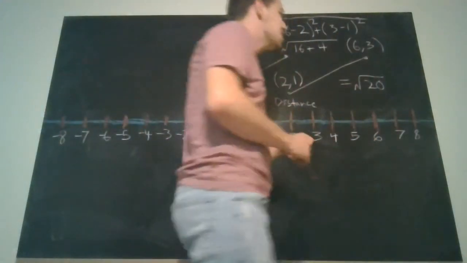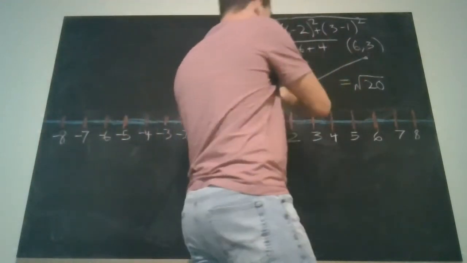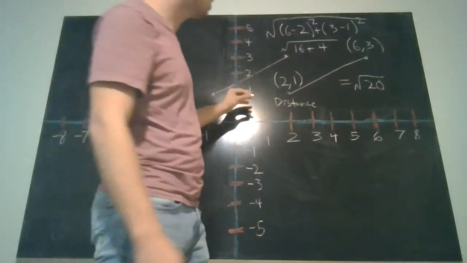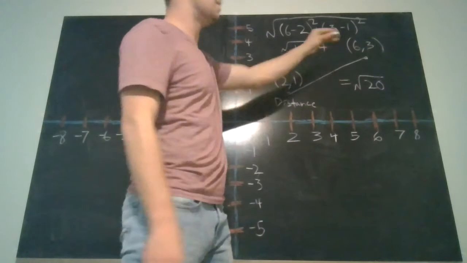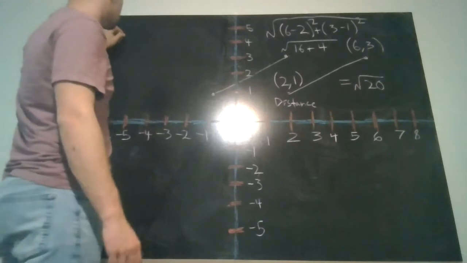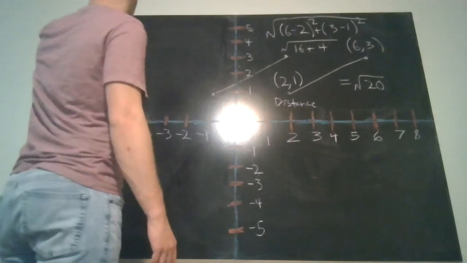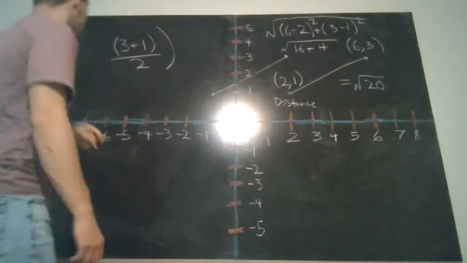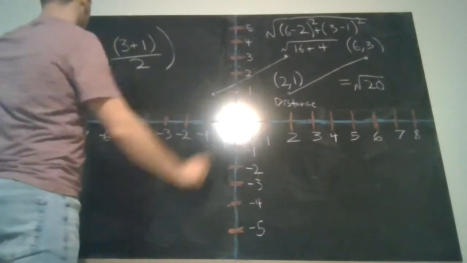Then if you want to find the midpoint of a line segment, you want to find that distance and only travel half that way. But it can be really difficult to travel half of square root of 20 somewhere up and to the right. So instead, to find a midpoint, you can take y2 plus y1, so 3 plus 1 over 2, and that's your new y-coordinate for the midpoint, and your x-coordinate for it is going to be x2 plus x1, so 6 plus 2 over 2.